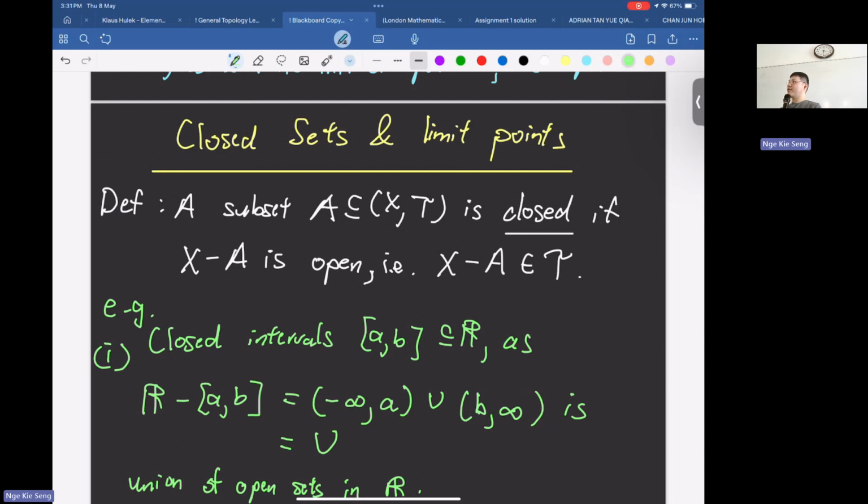Such that your left endpoint will go to negative infinity. A minus 1 to A, and then?